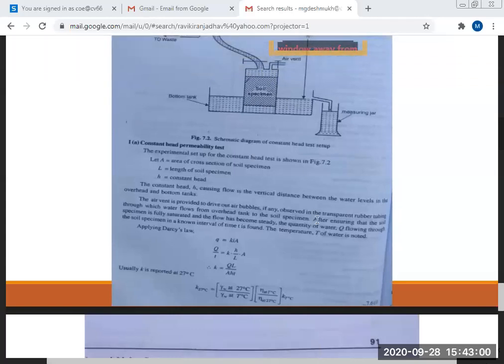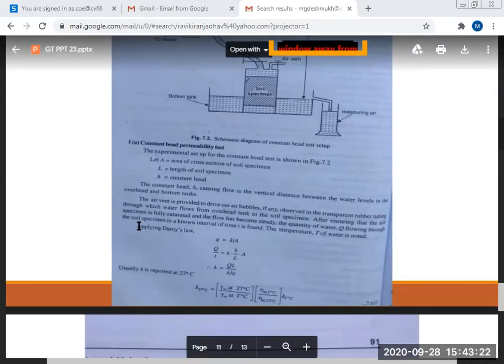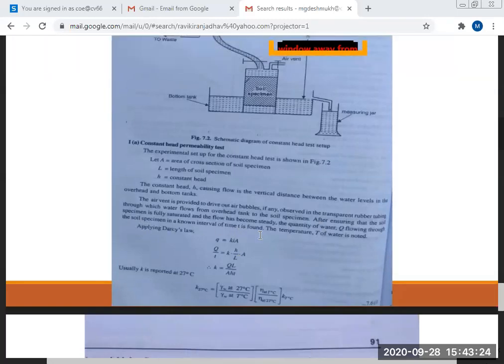When it is saturated, then only can we decide whether it is permeable or not and find the correct coefficient of permeability. Steady means the flow is going very smoothly.